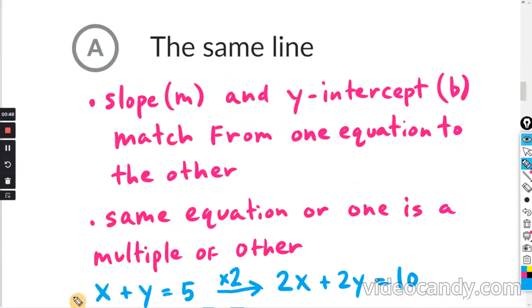Okay, for instance, let's say the equation is x plus y equals 5, and you multiply both sides by 2. You'll have 2x plus 2y equals 10. So I just multiplied each term by 2. And this first equation and this second equation are the same line. One equation is just a multiple of the other one.